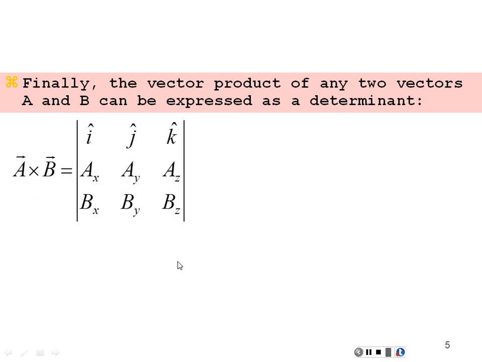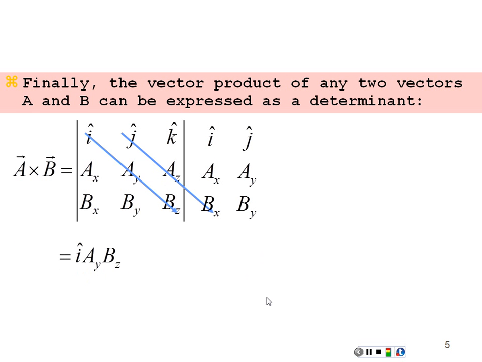The way I like to solve a 3 by 3 determinant is to repeat the first two columns, and then just do my 3 diagonals going down, add those together, and subtract my 3 diagonals going up. So I would have i times ay bz plus j times az bx plus k times ax by, minus the other 3 diagonals.